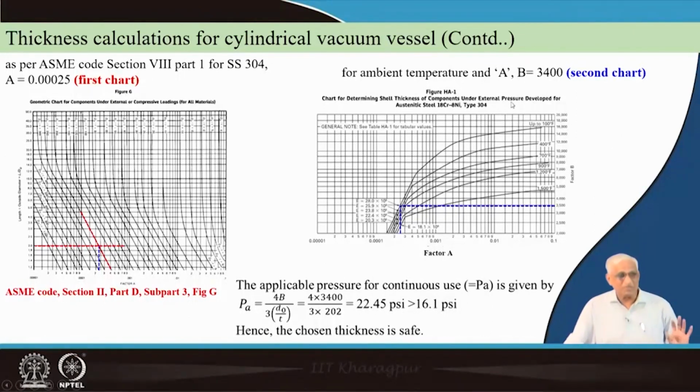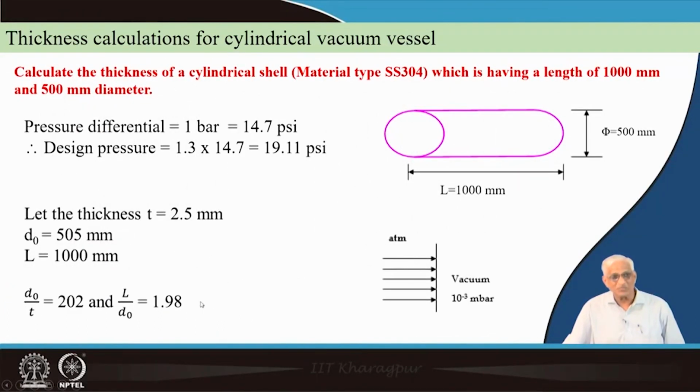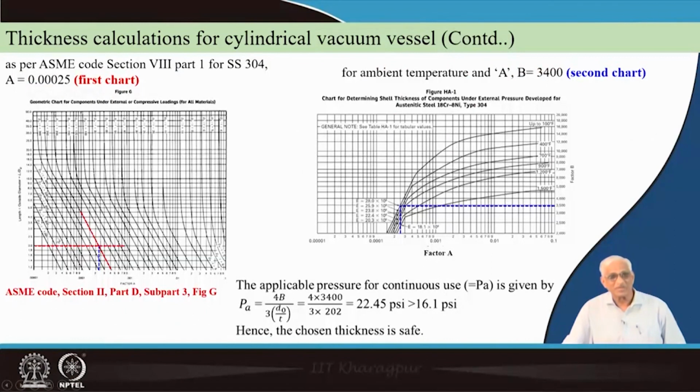So, very briefly to a layman, I can say from the dimensions or dimensionless parameters, you go to chart A. That means in our case d naught by t, L by d naught.